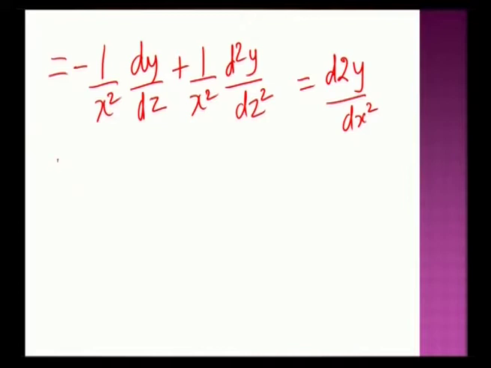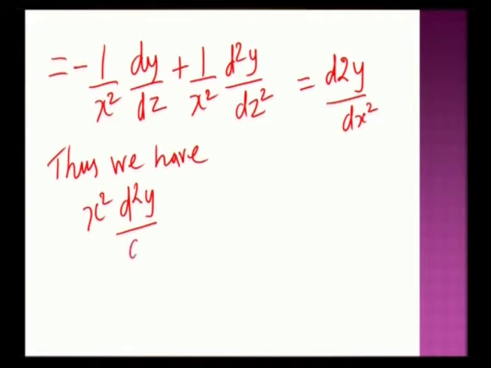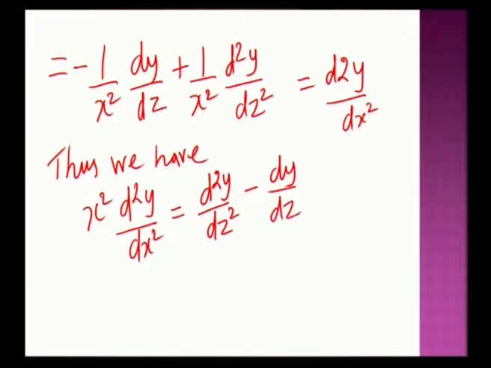Thus, we have x square into d square y by dx square is equal to d square y by dz square minus dy by dz.